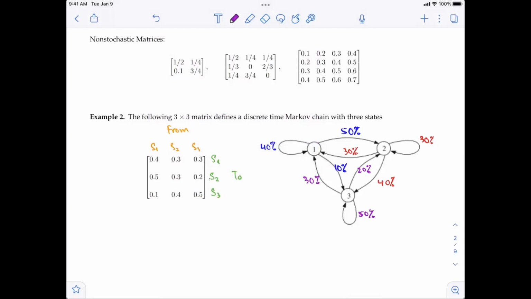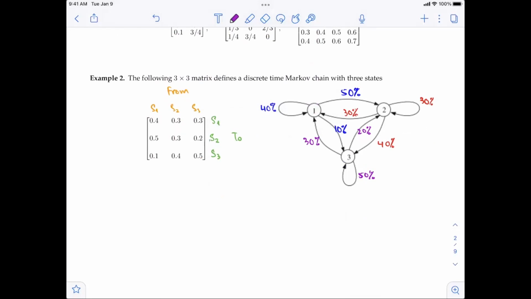Okay. And one more condition that we need to check to make sure that the matrix we are working with is a stochastic matrix, is that the sum of each column adds up to 1. So in column 1, you have 0.4 plus 0.5 plus 0.1 equal to 1. In column 2, you have 0.3 plus 0.3 plus 0.4.